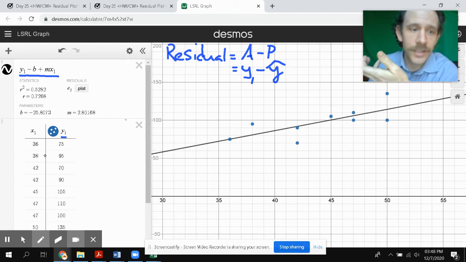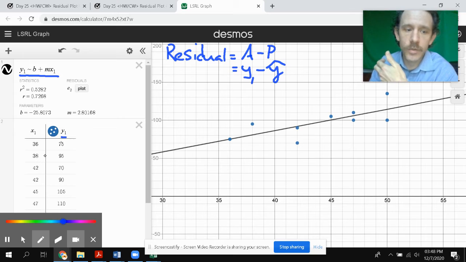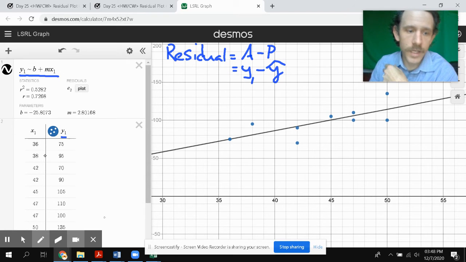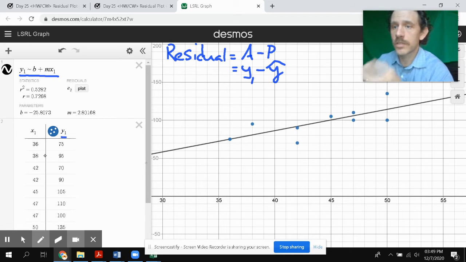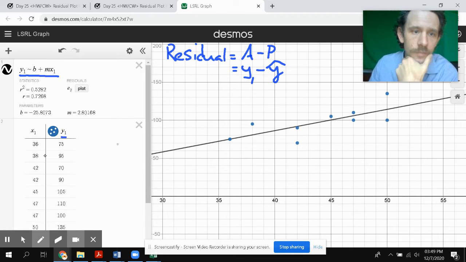So I need to get this information to my table. And in order to do that, I want to note what the equation of the line of best fit is, this y hat. So I'm actually going to write that out. And you should write that out on a piece of paper somewhere so you have that and you don't lose it. But I'm going to write it here. So to get y hat, what is that equation? Well, it's b plus mx. And we have those numbers here, right? All right.